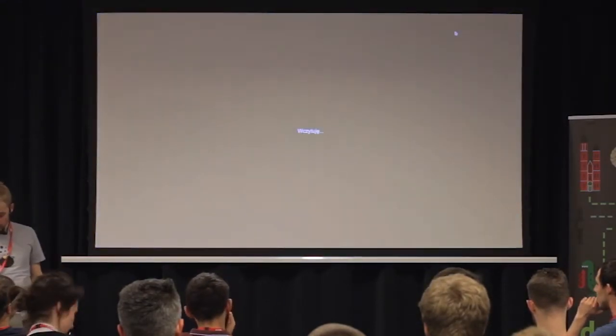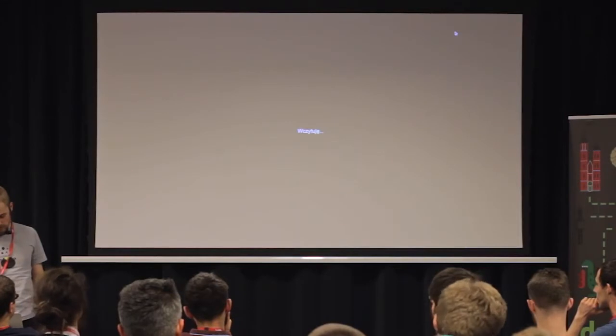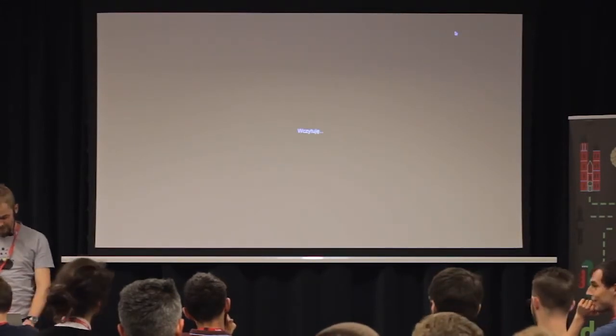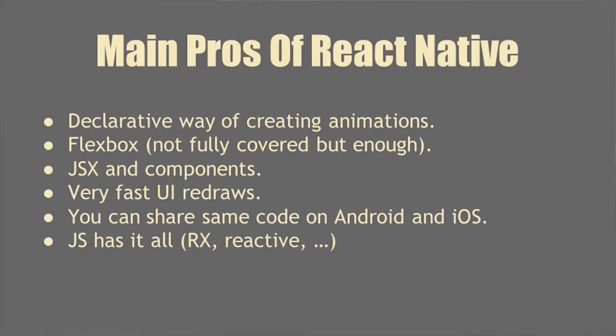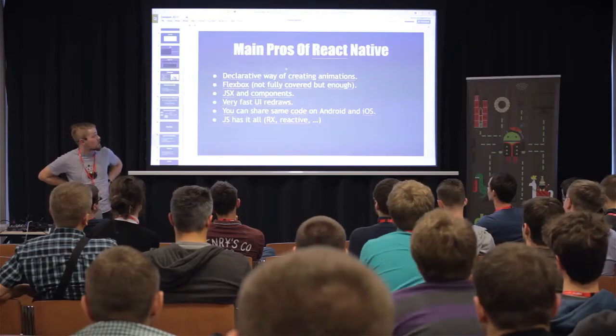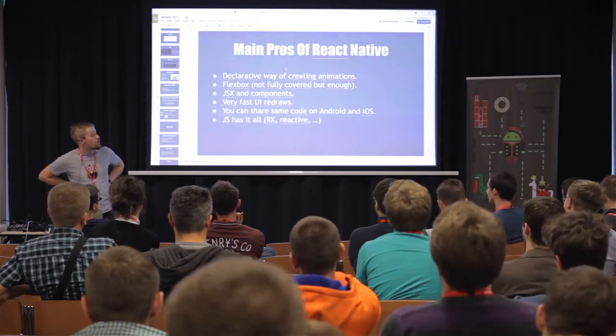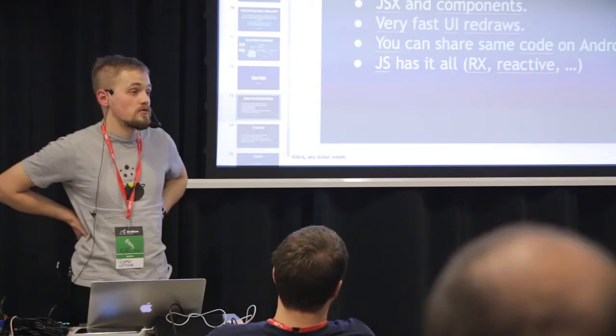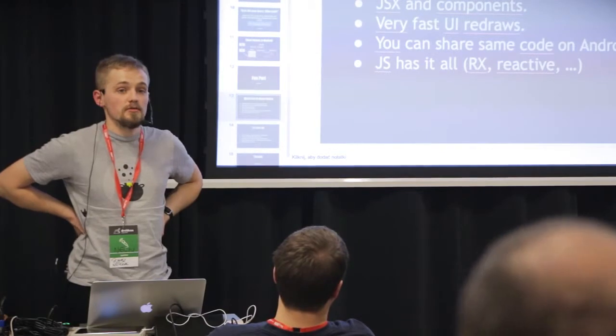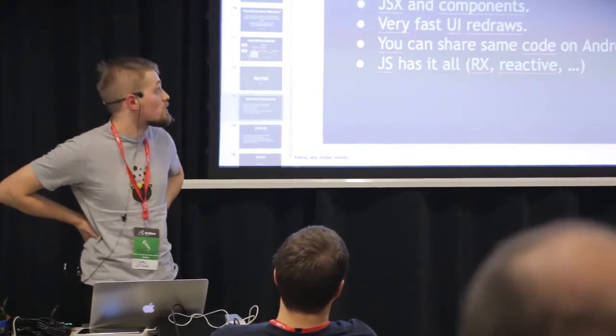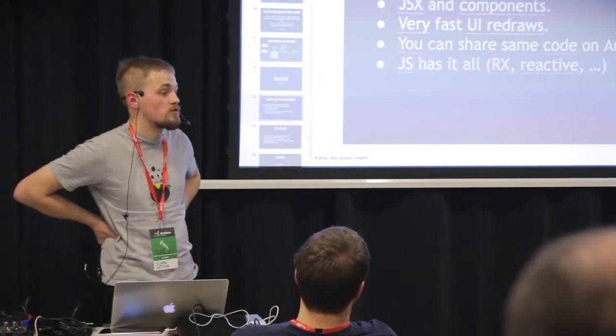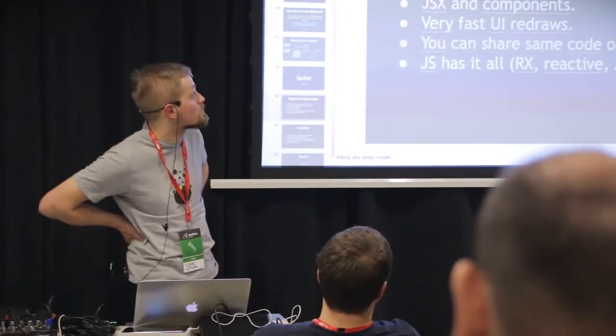So to sum up, the main pros of React Native, in my opinion: the declarative way of creating animations. So finally we can create some cool animations without problems, and we can propose to our designers to do some cool stuff.